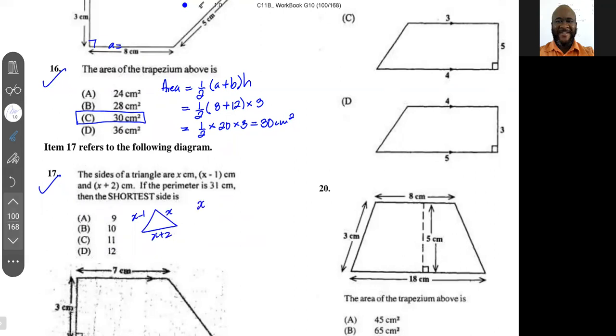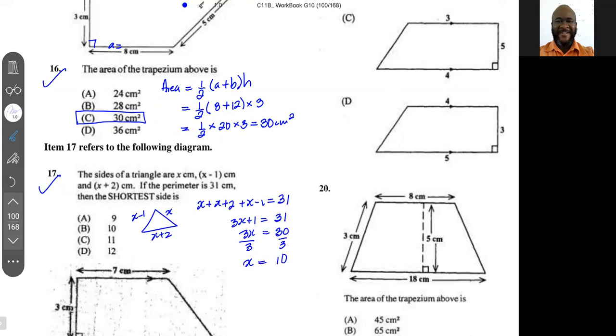So it's x plus 2 plus x plus x minus 1 is equal to 31. So we have 3x plus 1 is equal to 31. 3x is equal to 31 minus 1, which is 30. Divide both sides by 3, and we get x is 10.